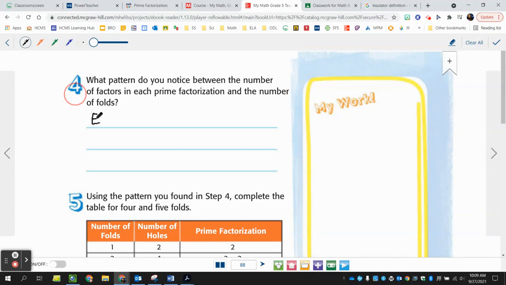Every fold doubled the number of holes, right? We went 2, 4, 8.